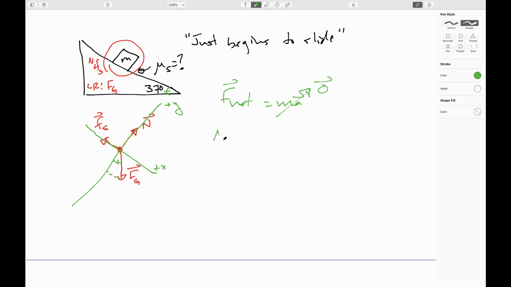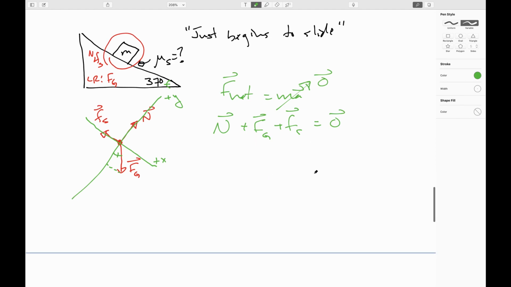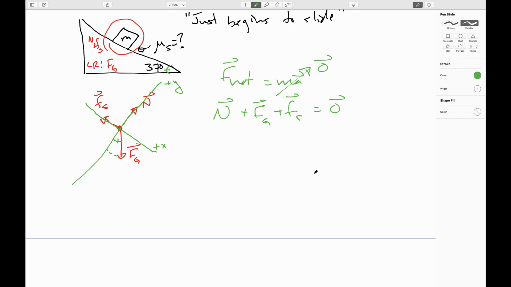So this is going to tell me that the normal force plus gravity plus the force of static friction equals 0. All right, now there are two ways that you can do this, but let's just go by taking components because I think that will be more straightforward. I might throw in a second way just as fun bonus content. We'll see.